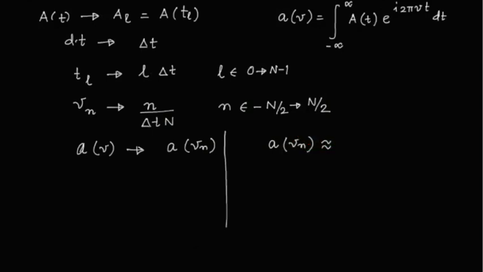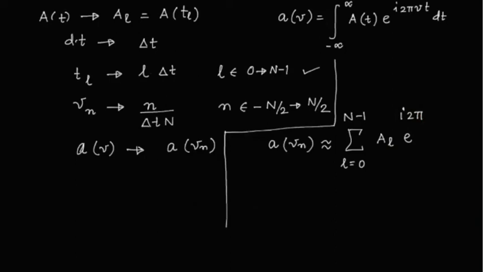I am writing the approximation because the integration is not from minus infinity to plus infinity anymore. It's from 0 to t max. And you assume that the function is within that. So the integration becomes a sum over L equals 0 to n minus 1, A_L, and what do I have here? e to the i 2 pi.